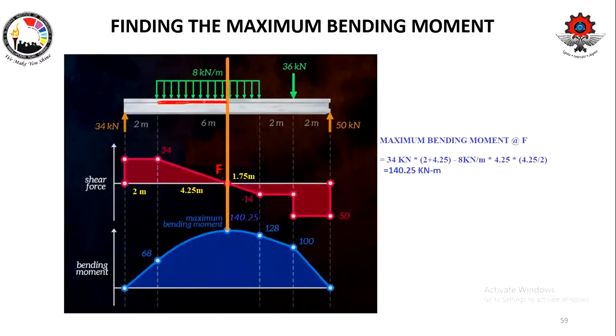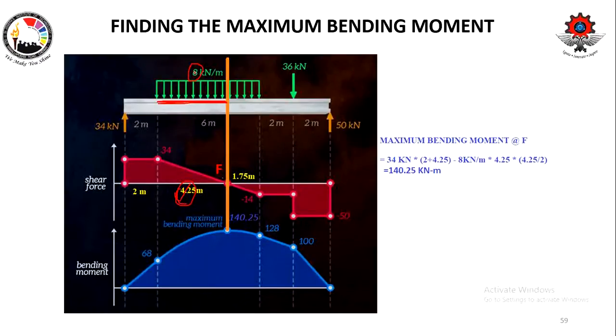It is not 6 meters anymore. Only if you consider the entire length of 6 meters would you multiply 8 into 6, but we are considering only this length, which is 4.25.